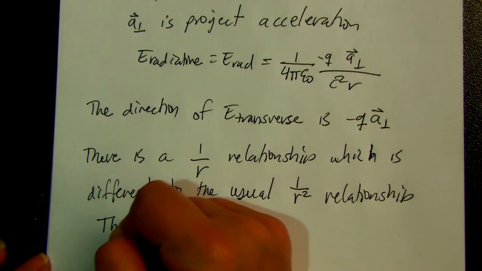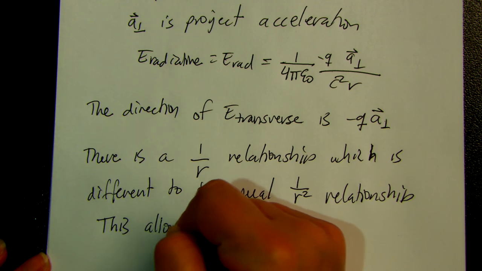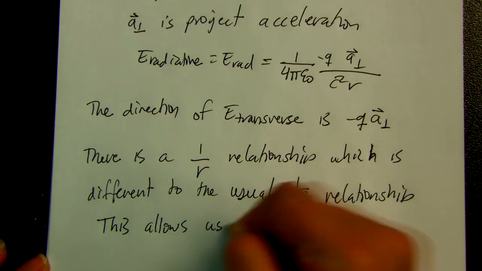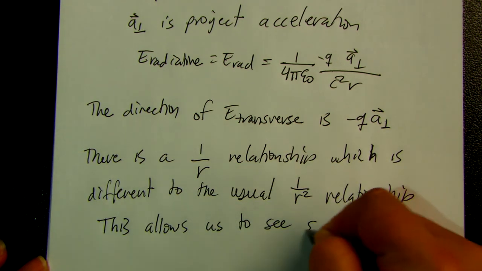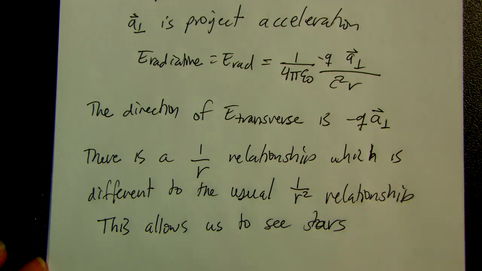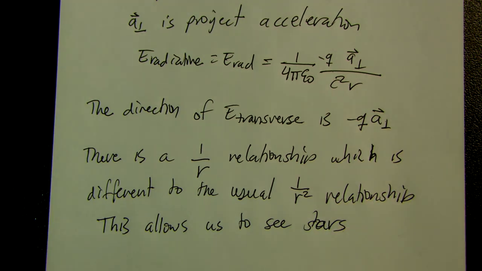And this allows us to see stars. Stars that are millions and billions of light years away. Just imagine if it diminished at a 1/r² relationship, we could never see them. So we often think about just the magnificence of our designed universe.